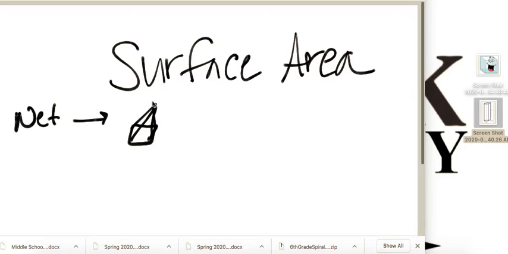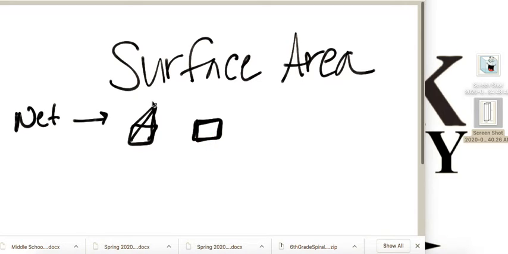The net is when you take it and you break it apart. I always like to draw the base first, what the shape is sitting on, which is a square. Then I like to draw out the sides. Since the base is a square, it's going to have something attached to each part of the base.